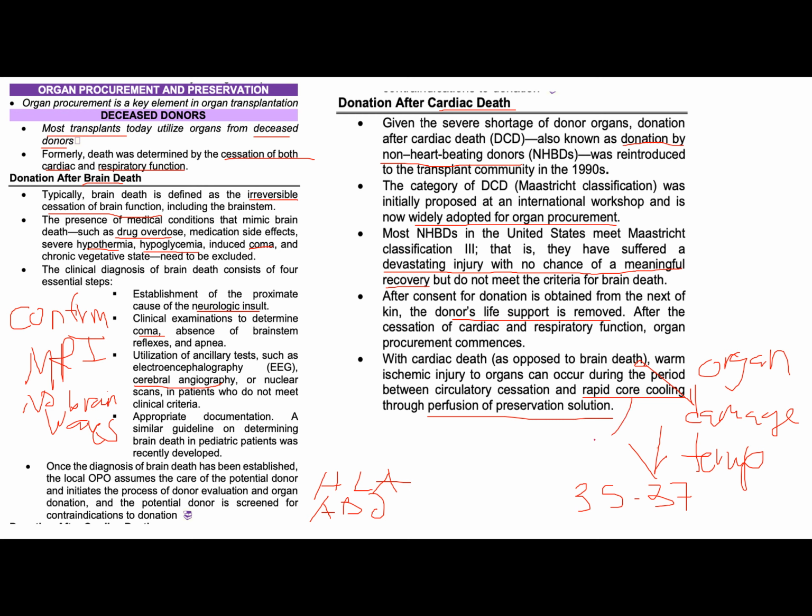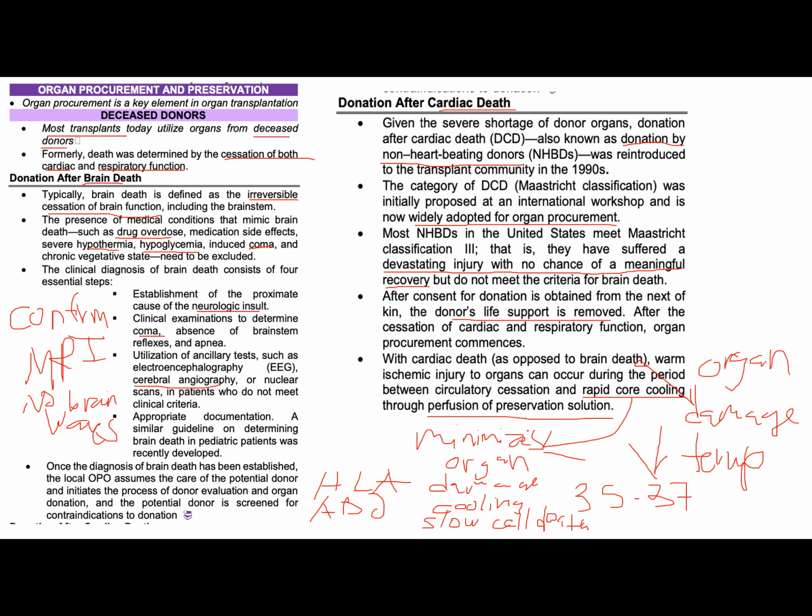When you say rapid core cooling, class, this minimizes organ damage by cooling the body at a temperature that would slow cell death. So, 'di ba kapag malamig, they would tend to have a slower cell death, class. So they would add certain preservative solution. So I hope that was clear.